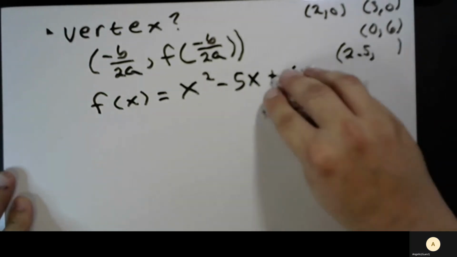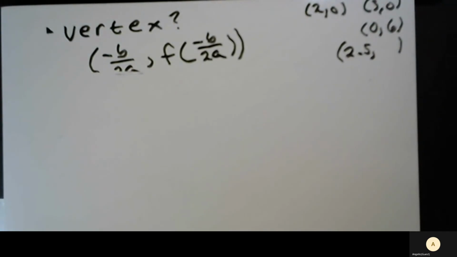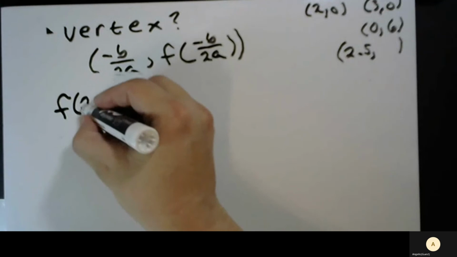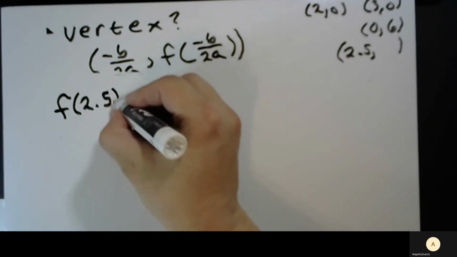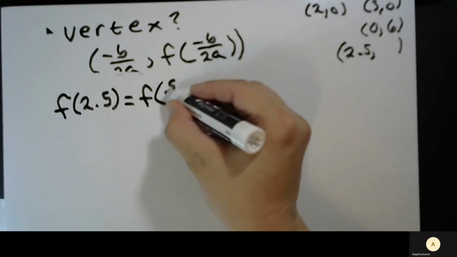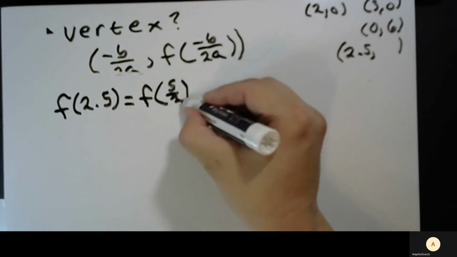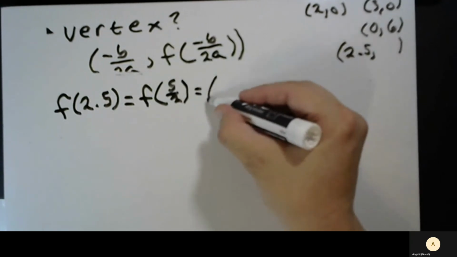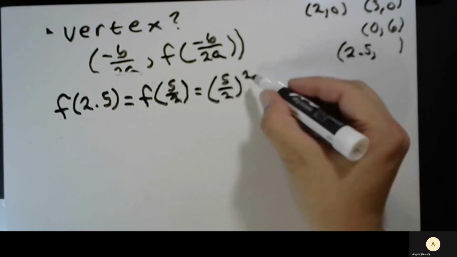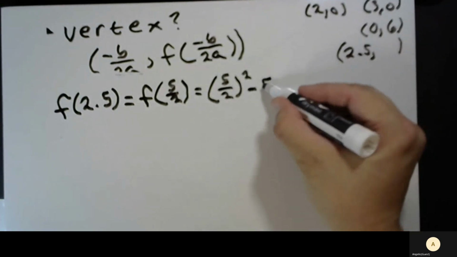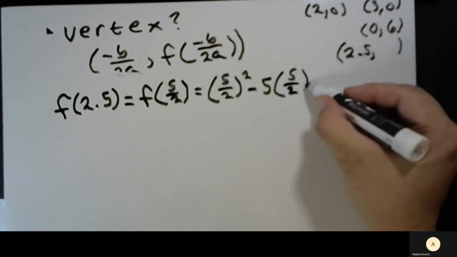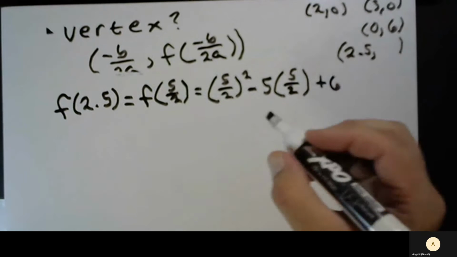So in this case, we're going to do f of 2.5 equals f of 5 halves, which is 5 halves squared minus 5 times 5 halves plus 6.